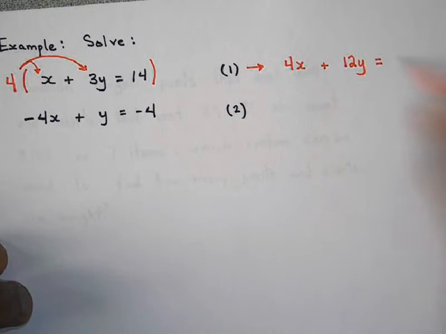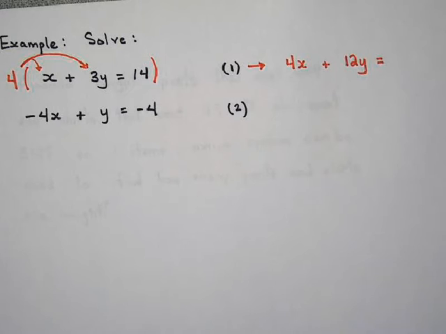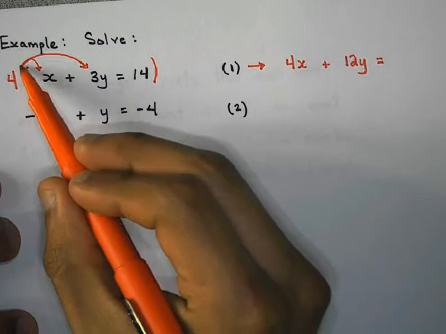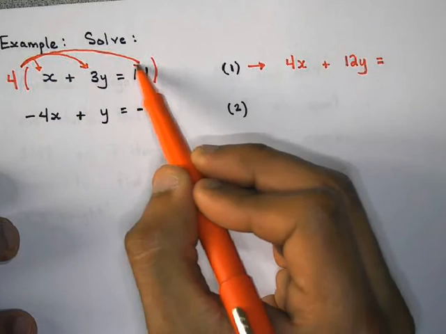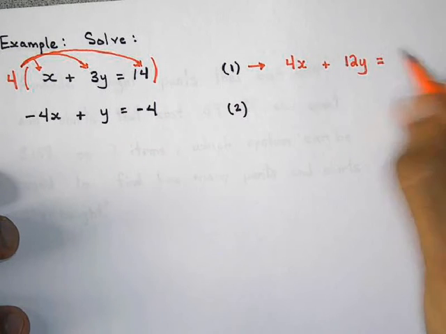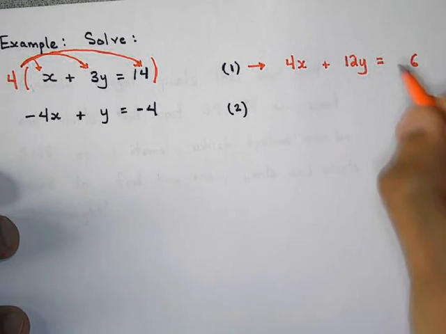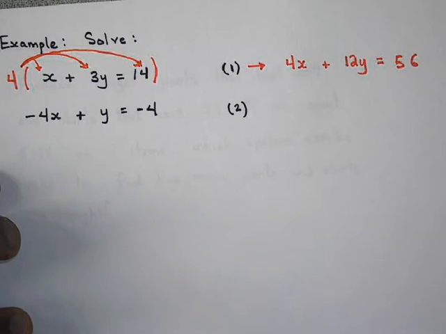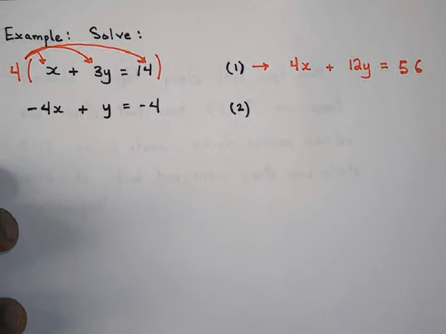Then I have an equal sign. And again, you're not necessarily done multiplying. You need to multiply to both sides of the equation. So we also have to multiply this 14 as well. So 4 times 14, well, 4 times 4 is 16. Carry the 1. This should give you 56. So we have that there.